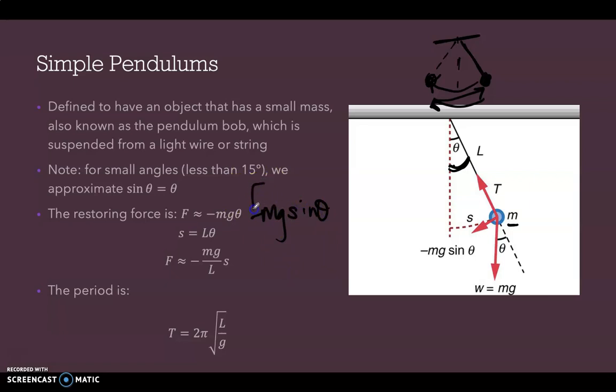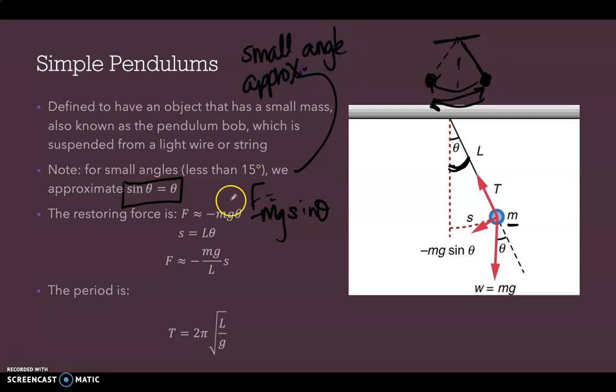That would be our restoring force, F. But we want to note that for small angles, less than about 15 degrees, we can use the approximation that sine theta is about equal to theta. This is called the small angle approximation.